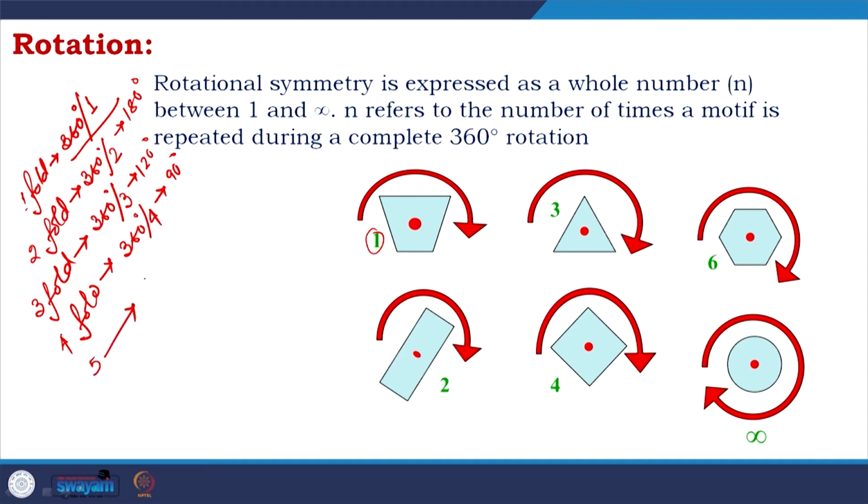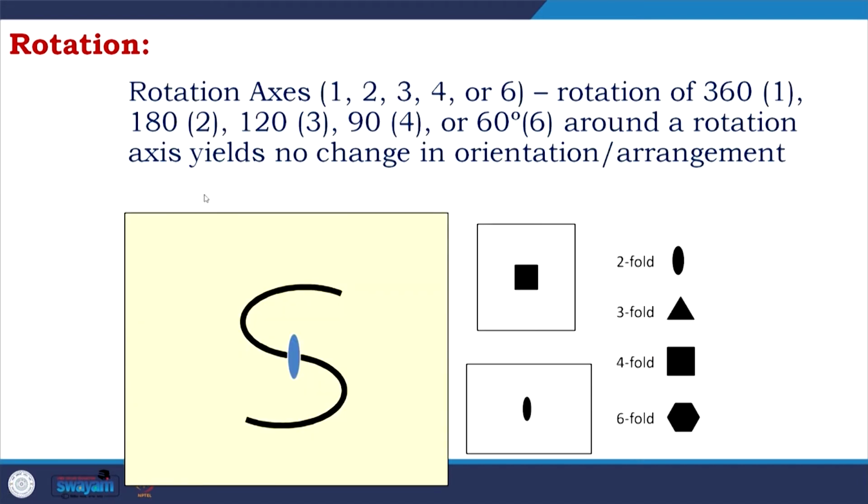Five-fold, is 72. Six-fold, 360 degree by 6, 60 degrees. In that way you will get rotation axes is 1, 2, 3, 4 or 6.